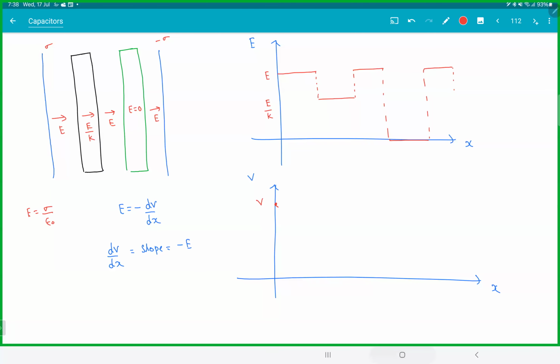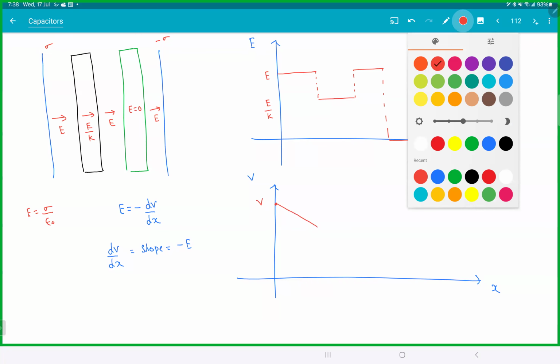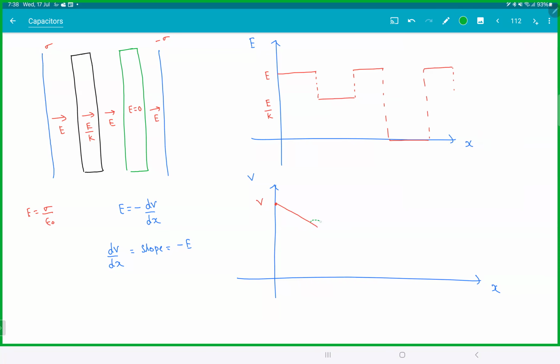Let me draw it more clearly. Sir, can you explain once? Initially potential will drop because the field is E. What will be its angle? The tan theta would be E. Agreed? Slope is minus E, right? Then the slope has become E by K. That means the line won't be this steep.